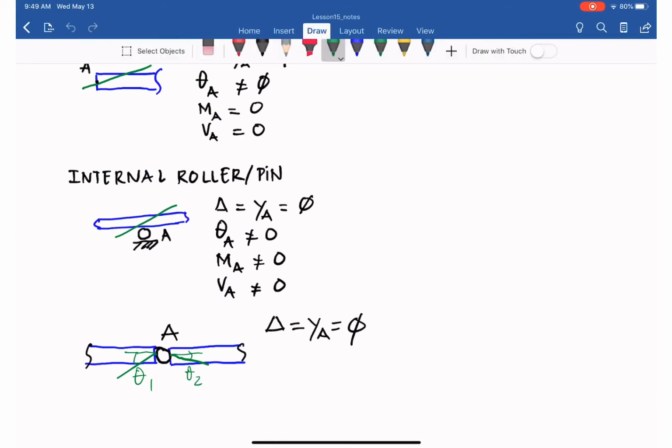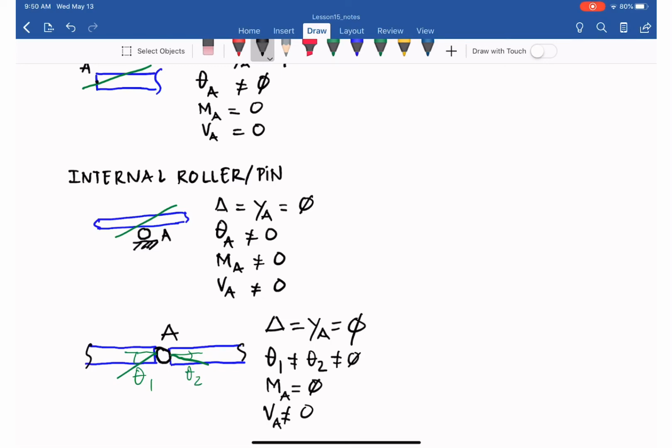Theta 1 is not the same as theta 2 for the hinge, and of course is non-zero. And of course for the hinge, it's free to move, so moment at point A equal to 0. And also the vertical reaction force is non-zero.